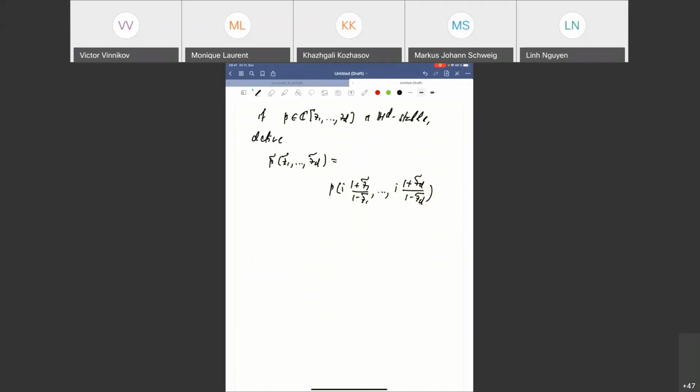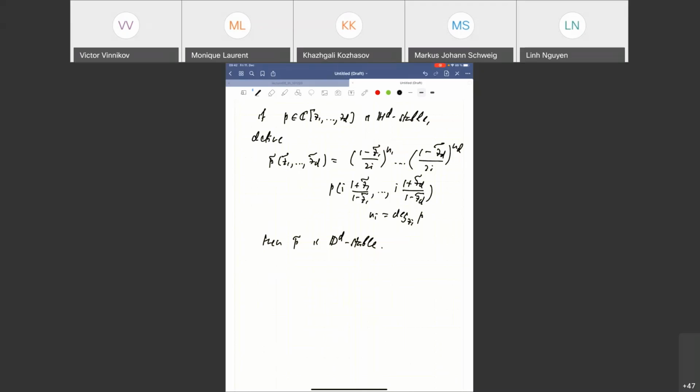So multiply by ((1 minus z1 tilde)/(2i)) to the n1, ..., ((1 minus zd tilde)/(2i)) to the power nd, where ni is the multi-degree, the degree with respect to the i-th variable of P. And then P tilde is D^d stable, that's quite obvious. And we can recover P from P tilde.